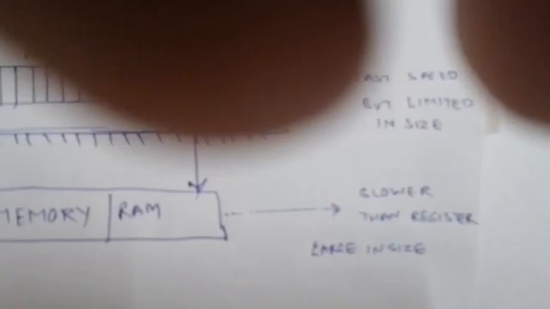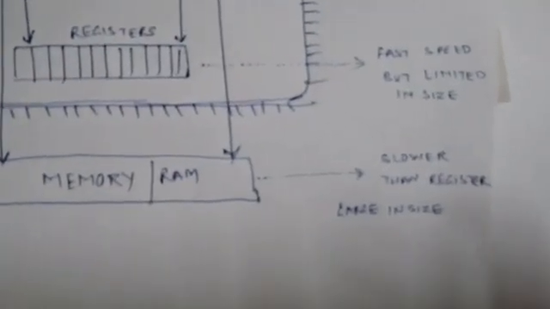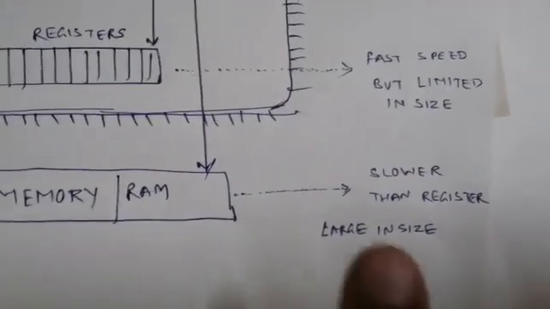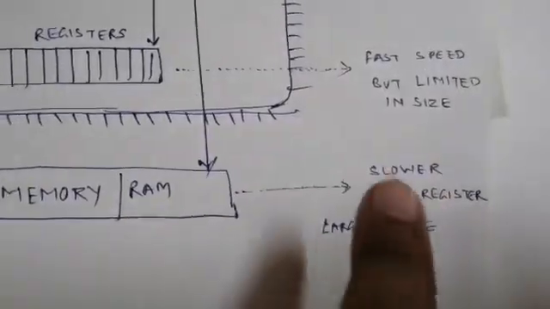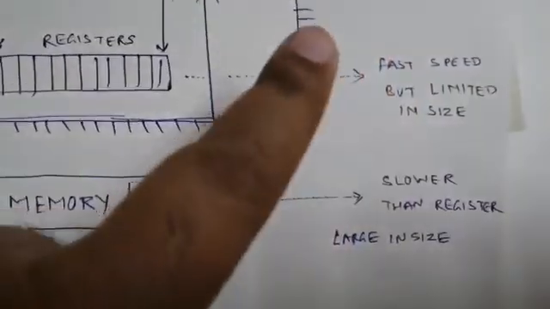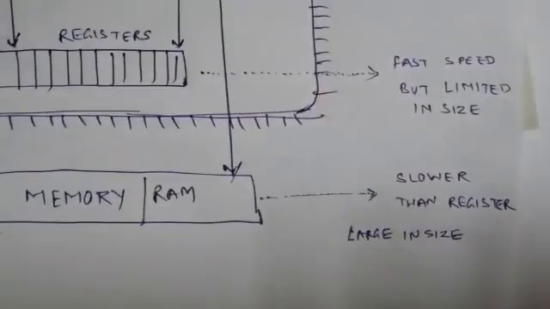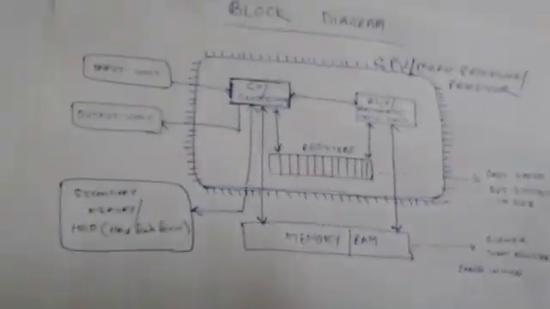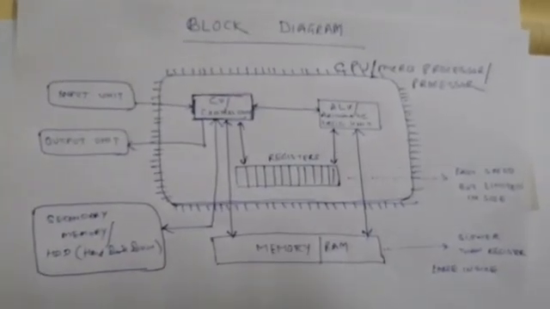Sorry for the inconvenience. Yeah, large in size, slower than a register. This RAM is large, and this register, which is CPU memory, is faster in speed and limited in size. Right. So keep this in your mind.